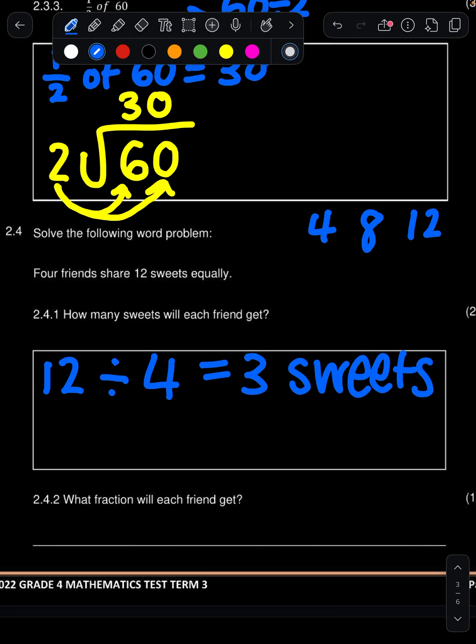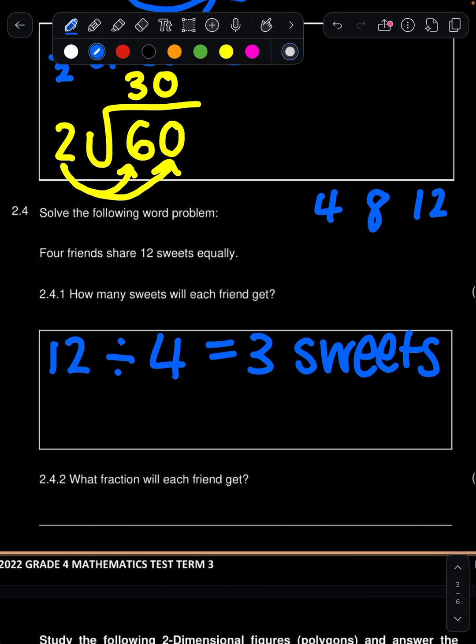And then what fraction will each friend get? So each friend will get 3 sweets out of the total of 12, which you can then simplify. So you can say that is 3 sweets out of 12, or you can simplify, which is where we said equivalent fractions.